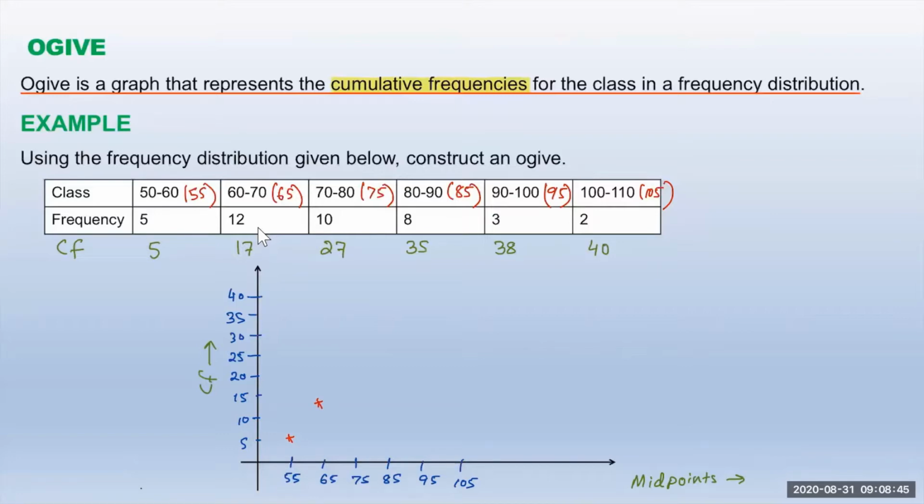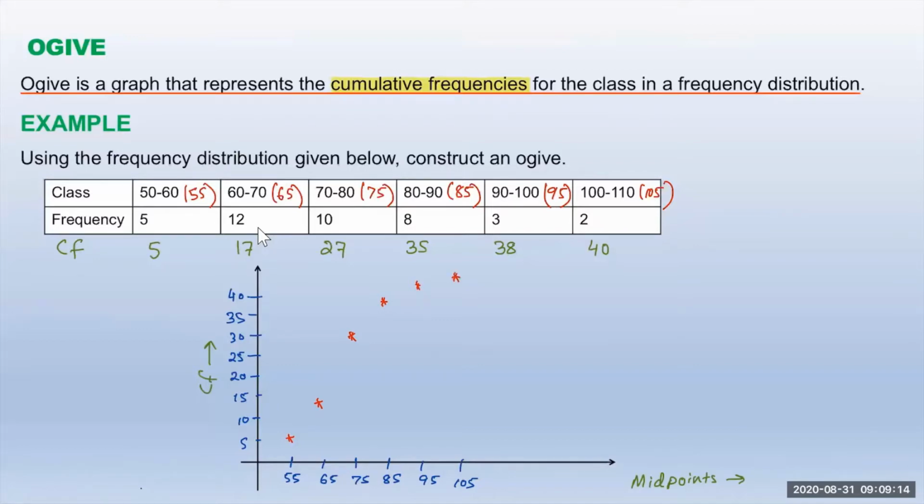So when it is 75, go to 27. The next one is 85. When it's 85, the cumulative frequency is 35. Then when you have 95, you have 38, pretty close to 40. And then when it is 105, it is 40.